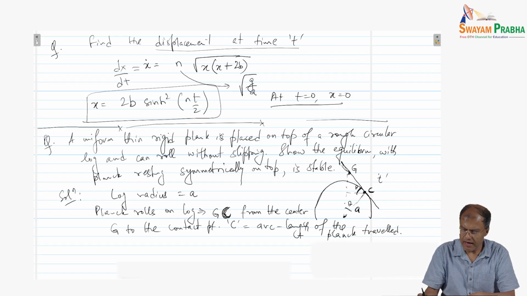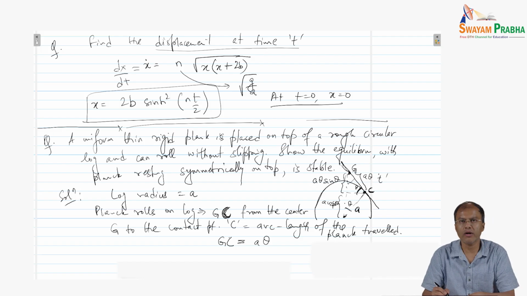From the arc length formula, GC is a times theta. So this quantity is a times theta, this quantity here which I am marking is a theta times sine theta, and this quantity from the center is a cos theta.